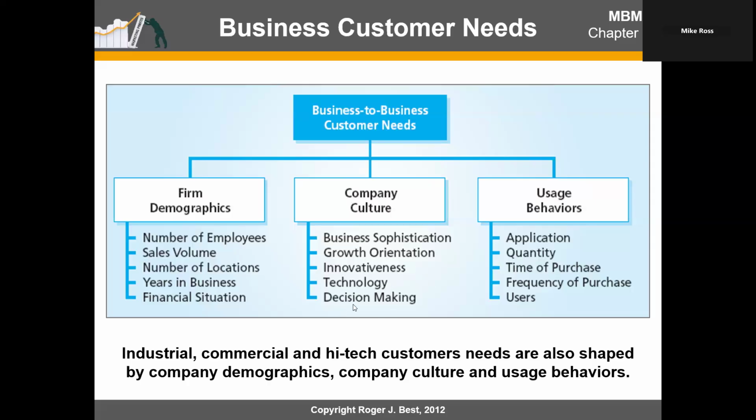Are you more decentralized in your decision making, or is the company more centralized where all major decisions are made by the CEO, something like that. So we've got firmographics, we have corporate culture, and then usage behavior. This one is a little bit easier to think about and identify than culture. So we might think about different applications.